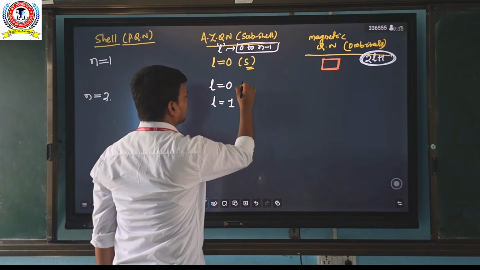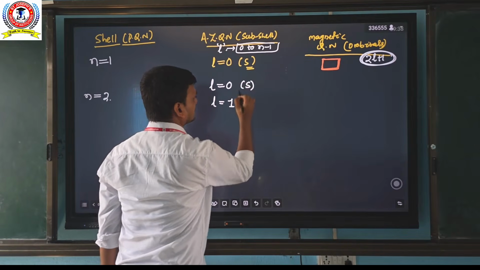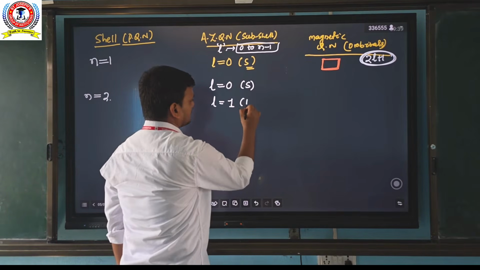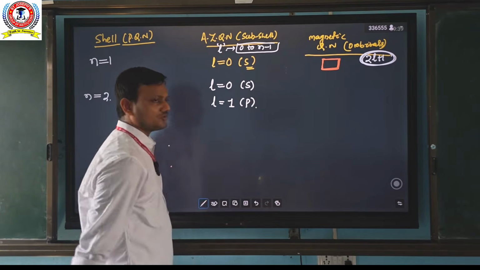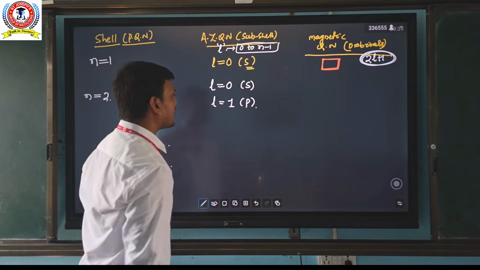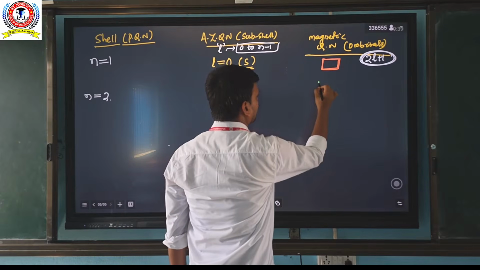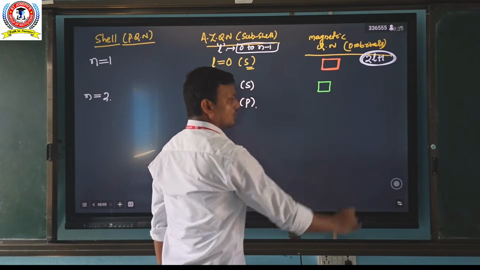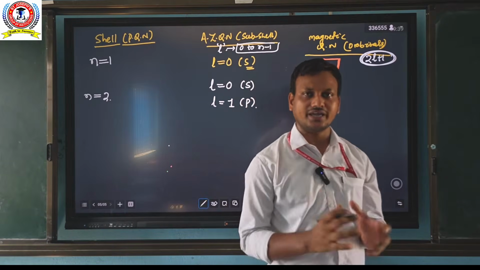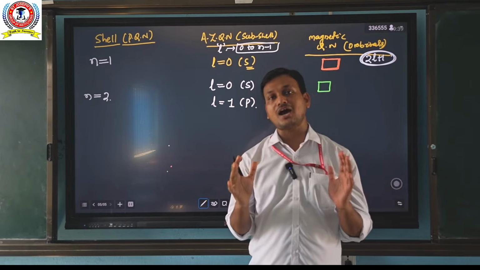And we know that for the s subshell, the value of l is equal to 0. For the p subshell, the value of l is equal to 1. Also, students, we know that the s subshell has one orbital. Since the s subshell has one orbital, we represent only one box.